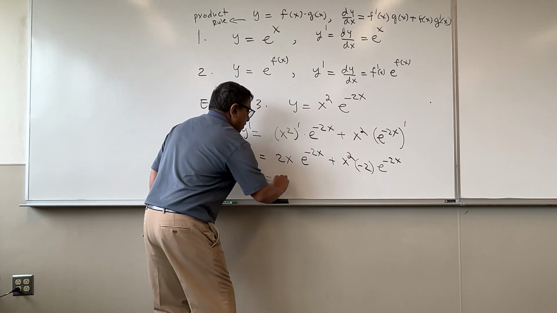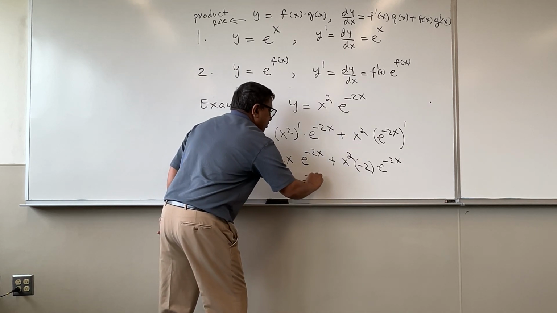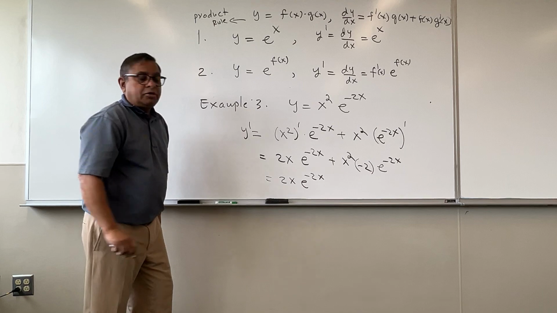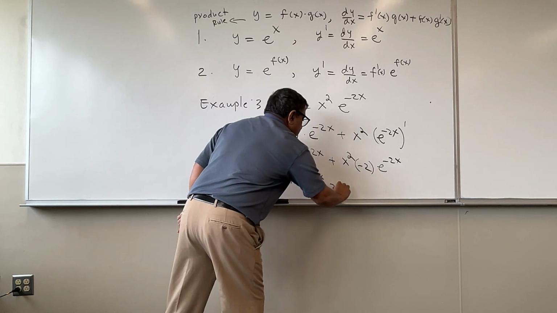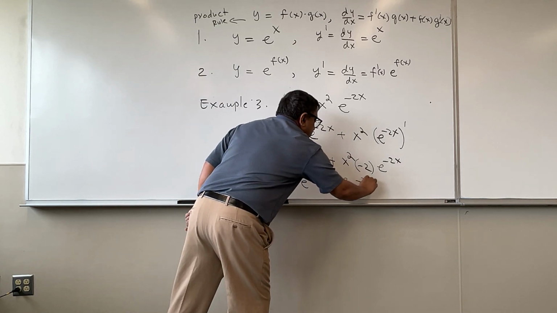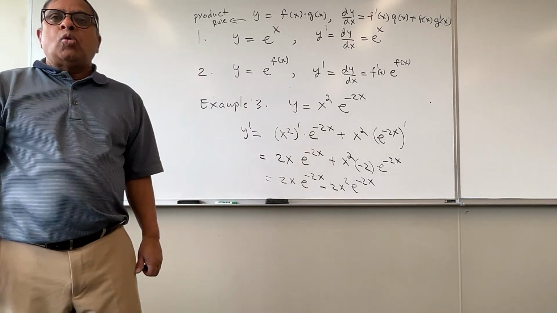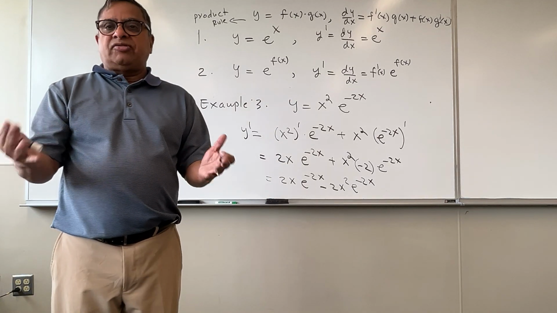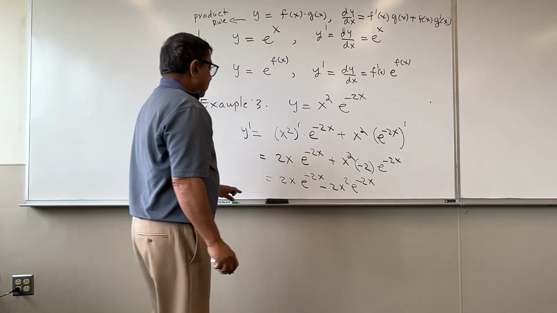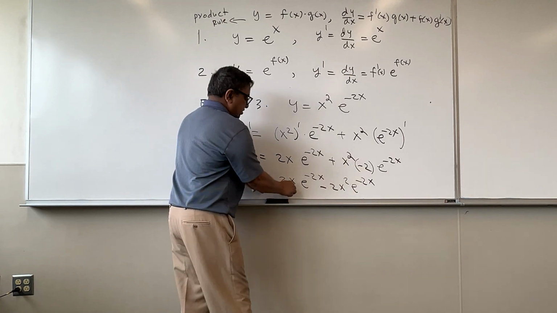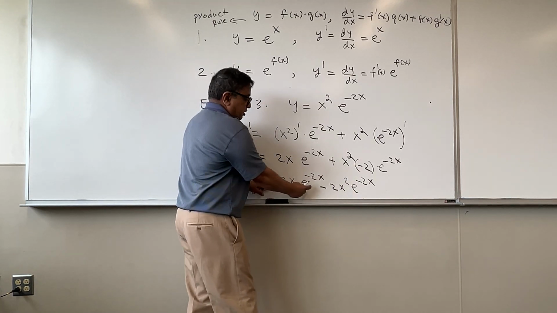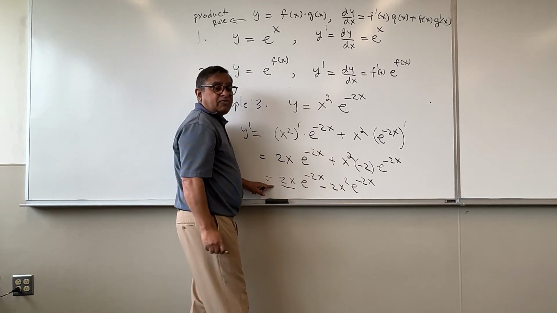Therefore, it is 2x times e to the minus 2x minus 2x squared times e to the power of minus 2x. You could leave it like that, or sometimes you may have to factor it. The factorization is you have 2x here as a common factor, e to the power of minus 2x is a common factor.